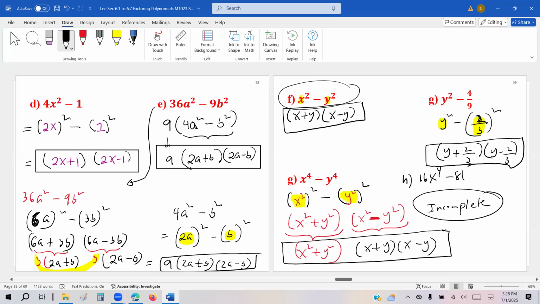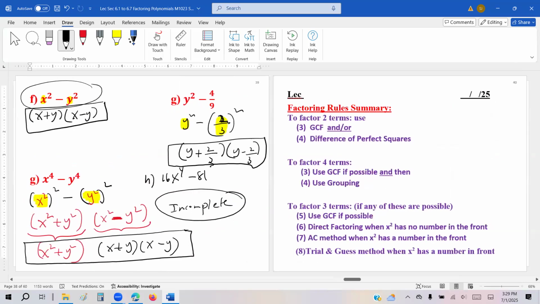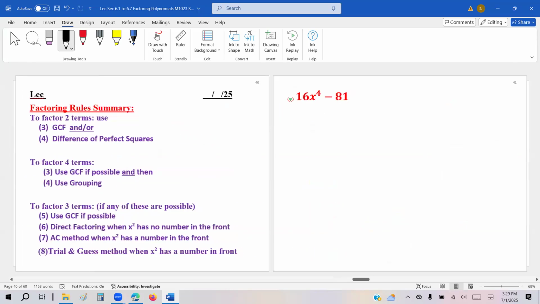Now for the fourth one, I have to flip my page. I don't have space. Okay, fourth one, let me do it here. Our goal is the same thing. Rewrite that so that we can see what are the 2 bases we have to work with.